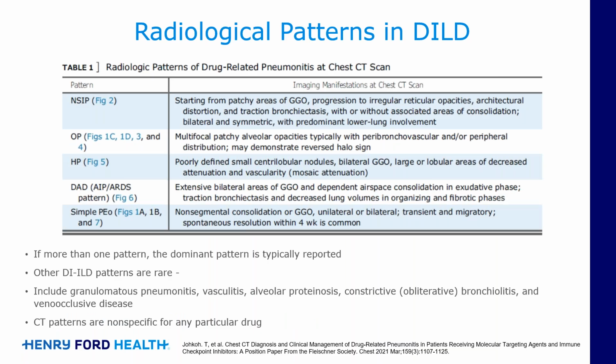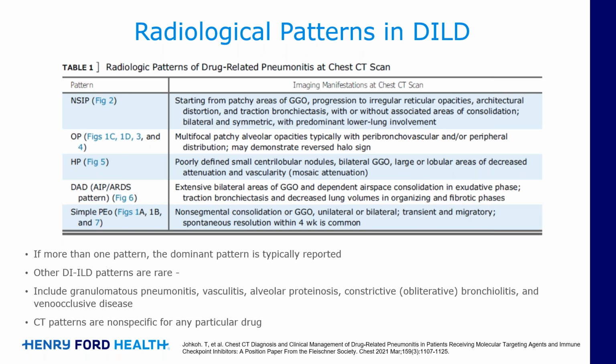As I mentioned earlier, the Fleischner Society position paper described five patterns: the more chronic NSIP pattern, the subacute organizing pneumonia and hypersensitivity pneumonitis patterns, and the more acute diffuse alveolar damage and simple pulmonary eosinophilia patterns.